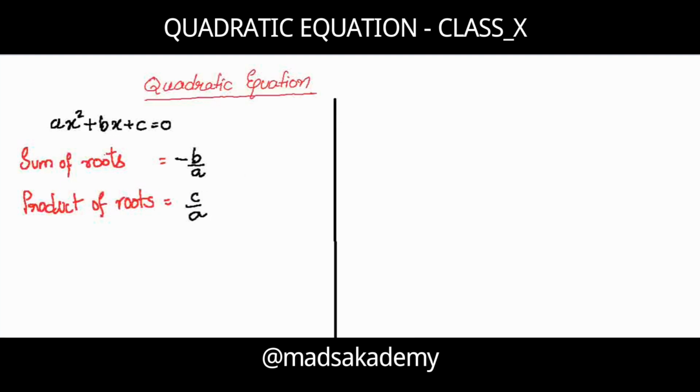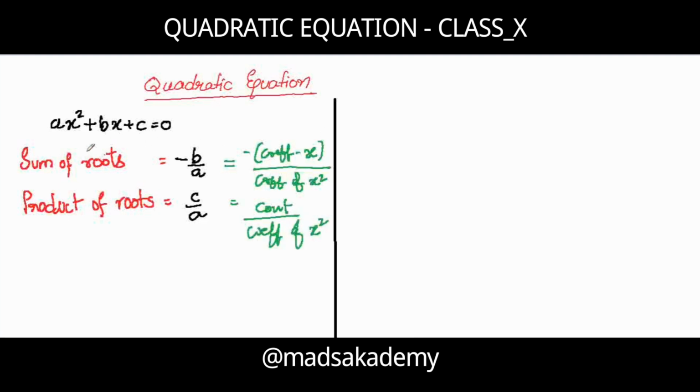Very simple formula. Just remember sum of the roots is equal to minus b by a and product of the roots is equal to c by a. That means minus of the coefficient of x term by the coefficient of x square term. Similarly, constant term by coefficient of x square.